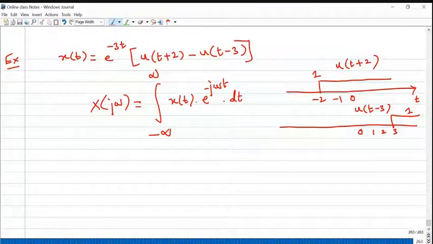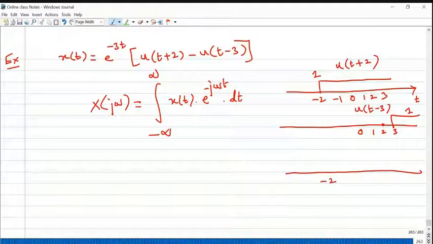So u of t plus 2 minus u of t minus 3. If you do the subtraction, you will get minus 2 to 2. Here 1, here 0, 1 minus 0 is 1, up to 2. From 3 onwards, magnitude 1. Here also magnitude 1. So 1 minus 1 is 0.